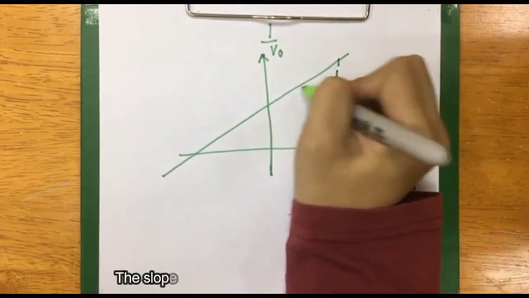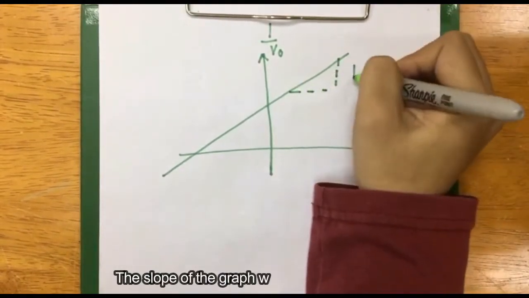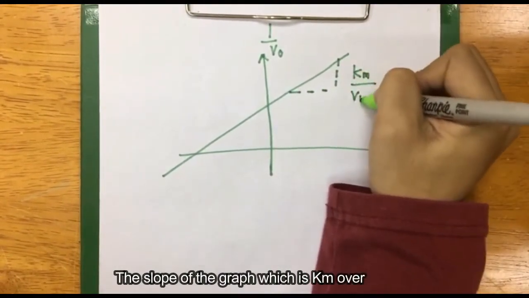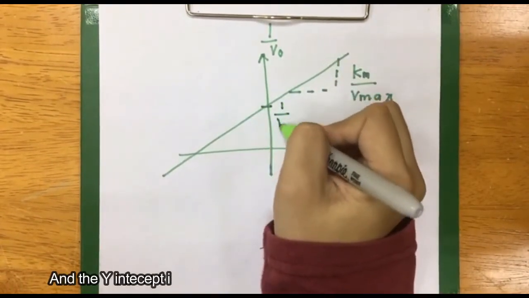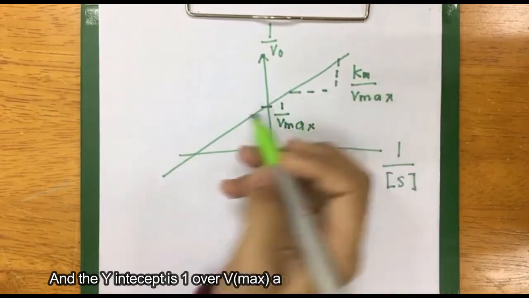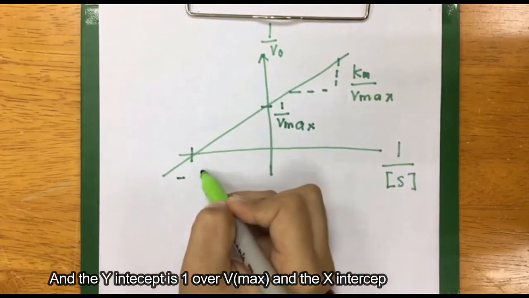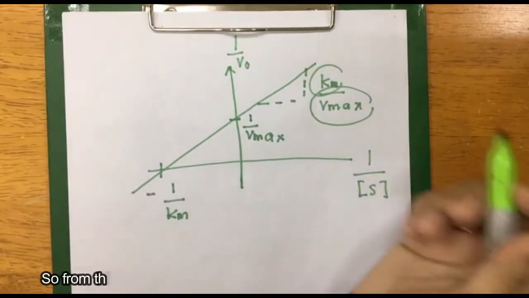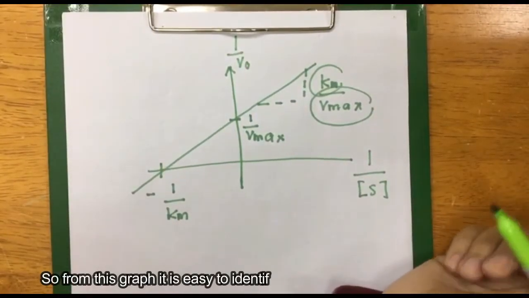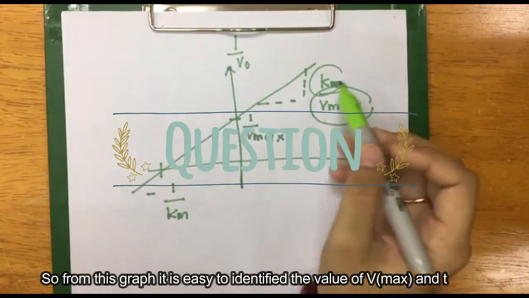The slope of the graph is Km over Vmax, the y-intercept is 1 over Vmax, and the x-intercept is negative 1 over Km. So from this graph, it's easier to identify the value of Vmax and the Km.